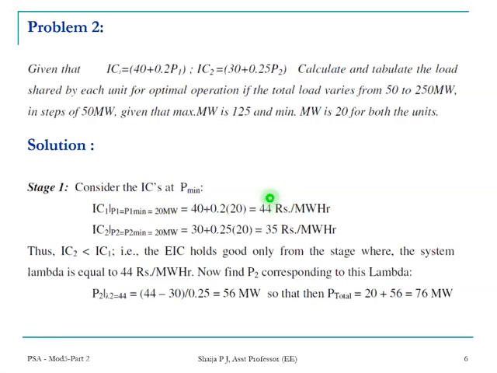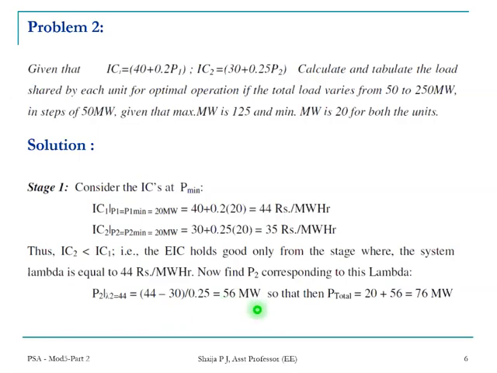What will be P2 corresponding to a system lambda of 44? 30 plus 0.25 P2 is equal to 44. So P2 corresponding to a lambda of 44 is 44 minus 30 divided by 0.25. You'll get 56 megawatt.